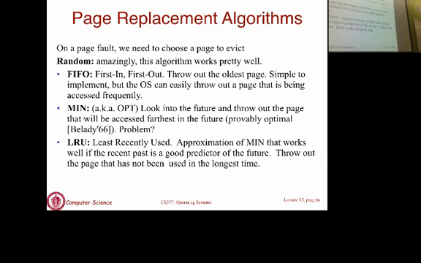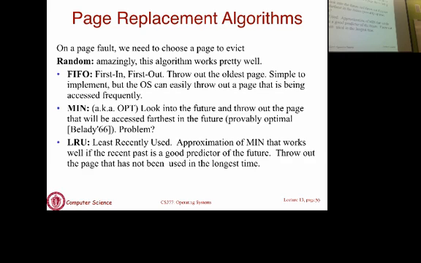You might have brought it in 10 minutes back. That's okay. If 10 instructions ago you accessed the page, this timestamp is going to be whatever that timestamp was when the instruction executed. So that's the timestamp of last use, not the timestamp when you brought it in. So what LRU will do is throw out the least recently used page. You look at all the pages, find the least recently accessed page, and you throw that page out. Okay, this is referred to as LRU.